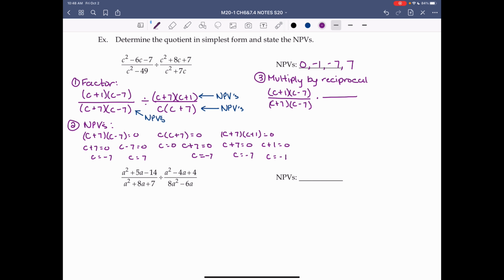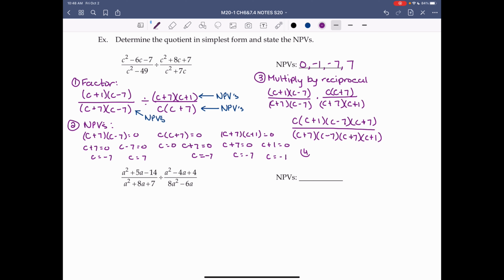Multiply that by our reciprocal, which is now c times c plus 7 over c plus 7 times c plus 1. Put that all into one fraction. It doesn't really matter the order of the factors, but typically we would put that c at the beginning, mostly so it doesn't get lost. We have c times c plus 1 times c minus 7 times c plus 7 divided by c plus 7, c minus 7, c plus 7, c plus 1.